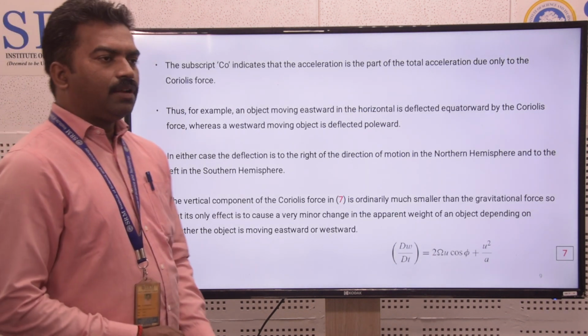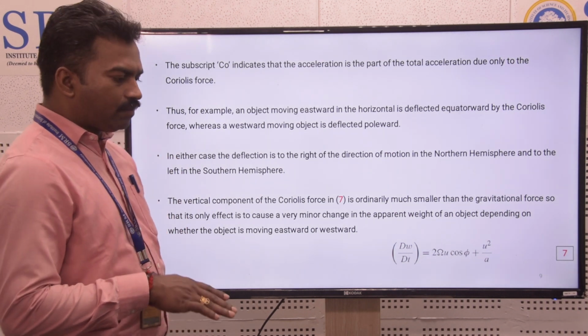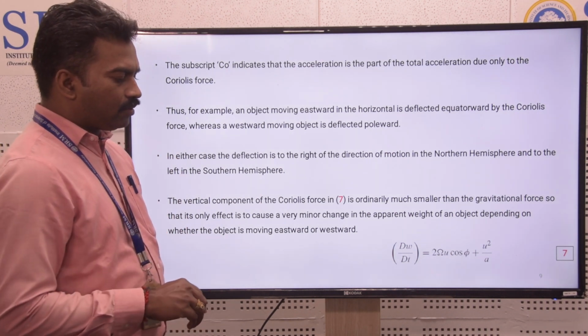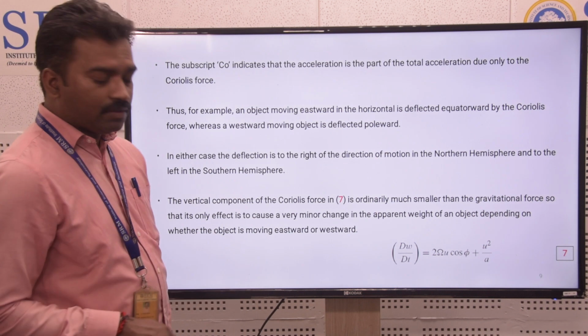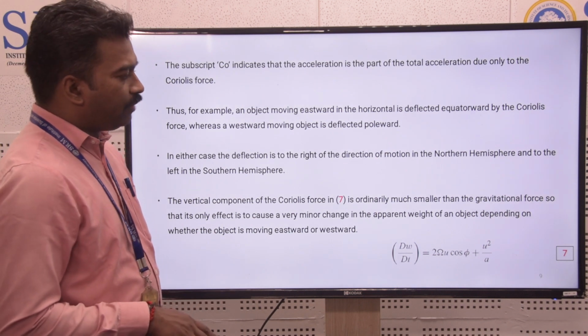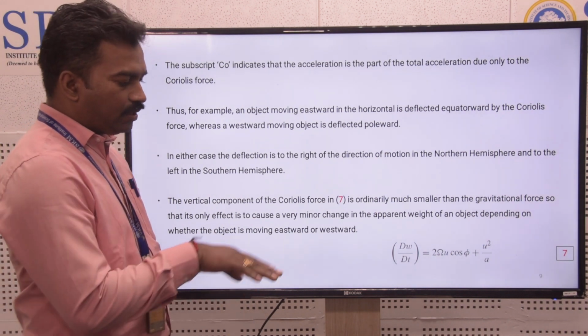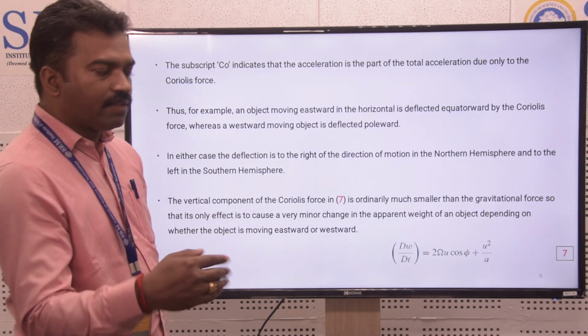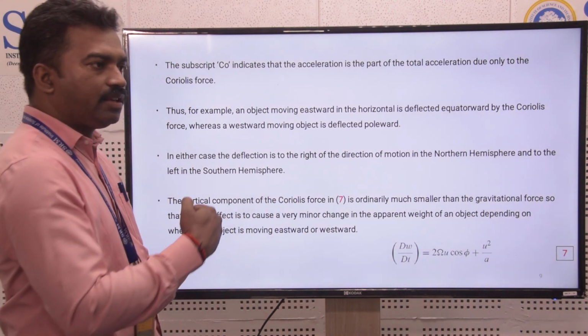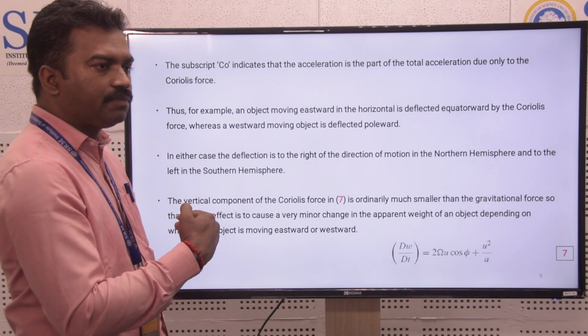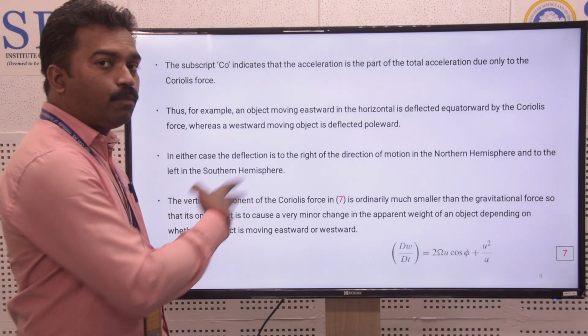For example, if the object is moving in the eastward direction, the Coriolis force makes the object deflect towards its right. In the same way, if it is moving towards the west, the Coriolis force makes the object deflect towards the poles.